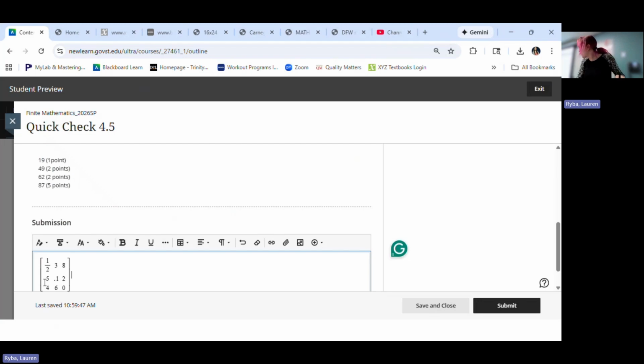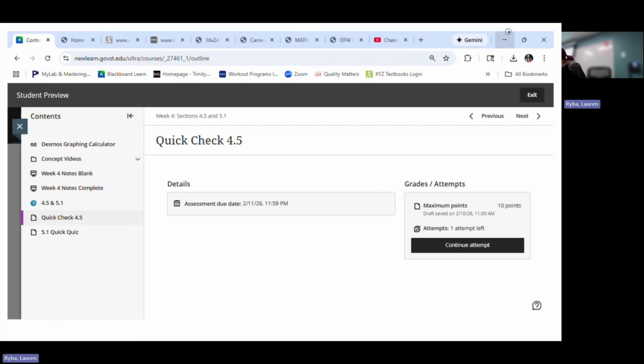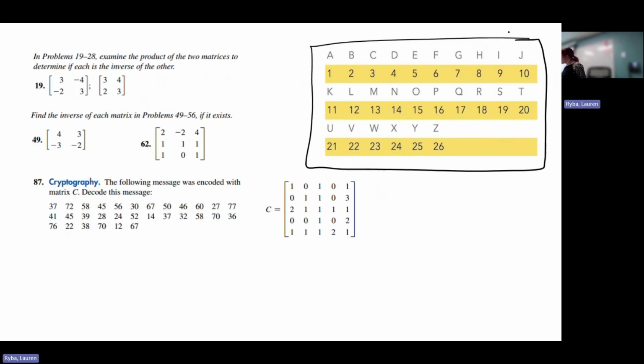So then you would just go back to the beginning and say like, oh, this is problem number 19's answer, whatever. Or you can do it by hand like you've done it before. Doesn't matter. I don't care. I don't want to actually do that, but that is all there for you. You have your letter code there. So yes or no, find inverses, and then decode.